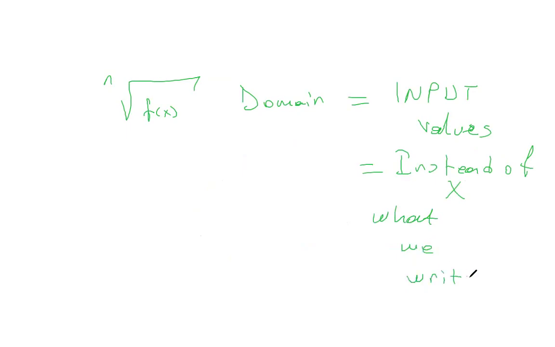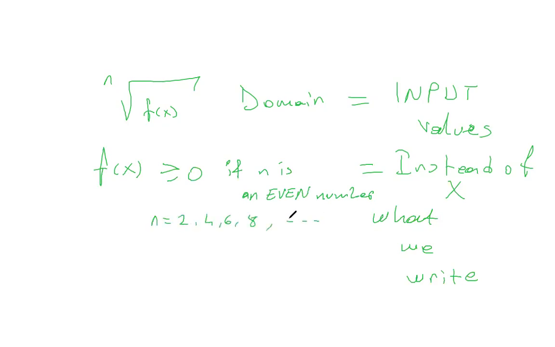Be careful, this is not the result. Just instead of x in the function, what we are writing. So the domain of function f of x is greater than or equal to 0 if n is an even number, such as n is 2, 4, 6, 8, and so on.